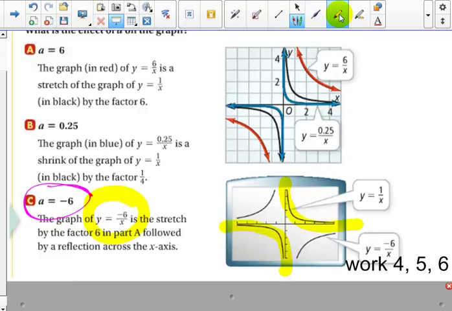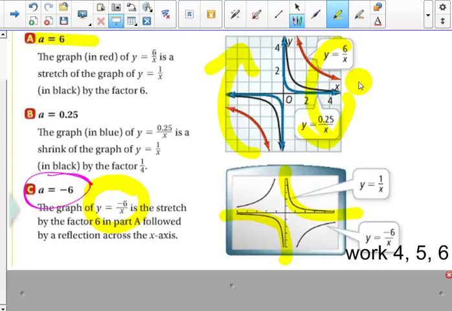Well, it would be the one for 6, but reflected over the x-axis. You would just take those points and flip them down and up. So this is what they look like. It is a stretch of 6 reflected over the x-axis.